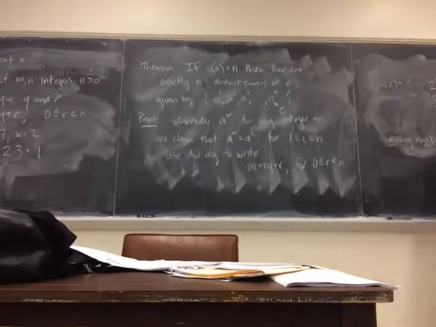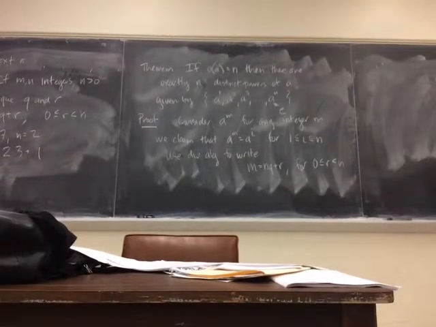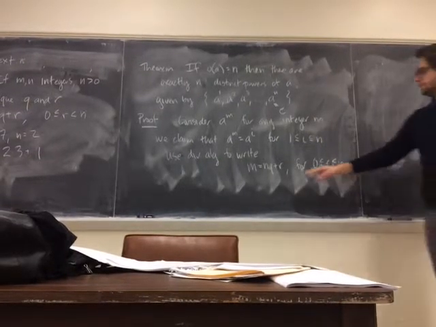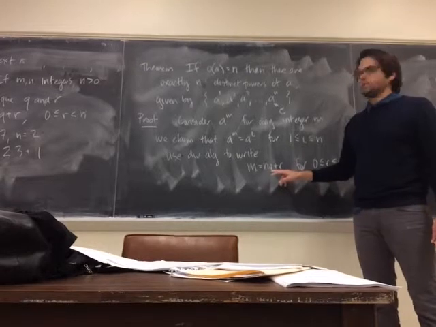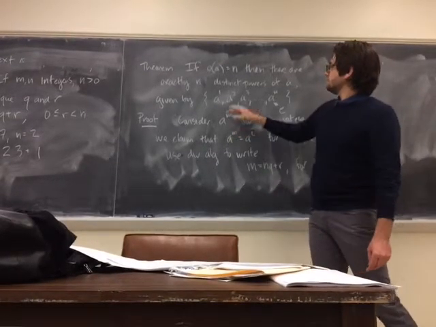But isn't m less than n? It could be, in which case what's q going to be? I mean, m is arbitrary.